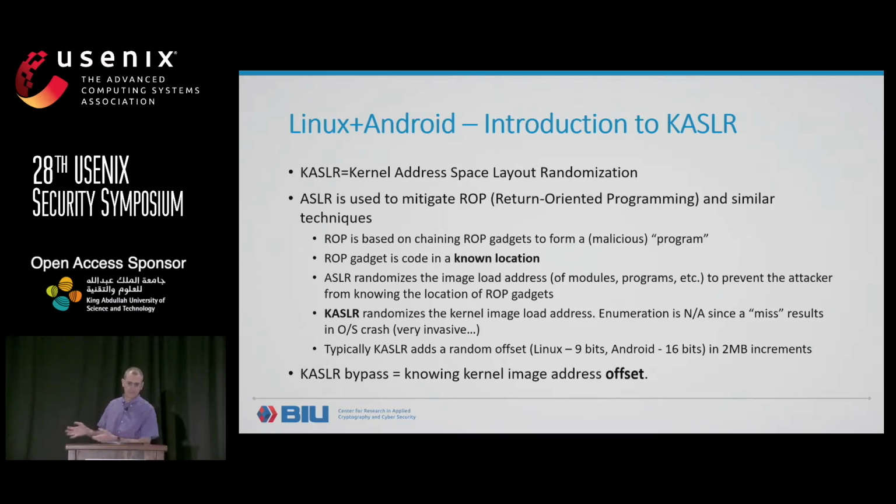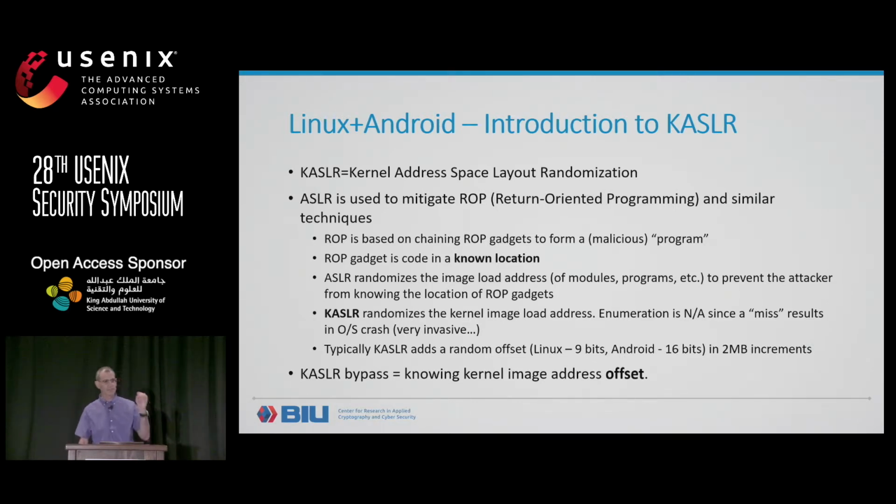KASLR obviously does the same at the kernel level, and at a minimum, it randomizes the kernel image load address. And I want to stress that enumeration of the random offset is not applicable at the kernel level, because each wrong guess will get the operating system to crash or freeze. This is, of course, very invasive, and it takes time for the operating system to load itself up, so quite impractical.